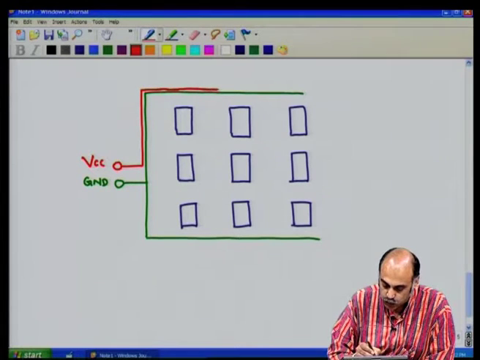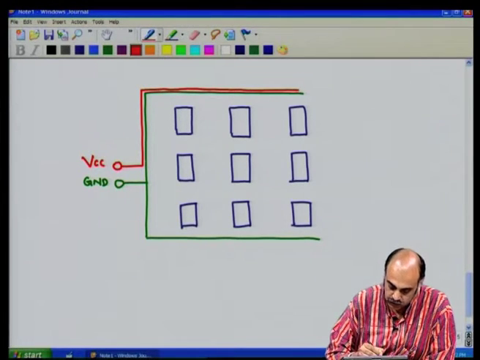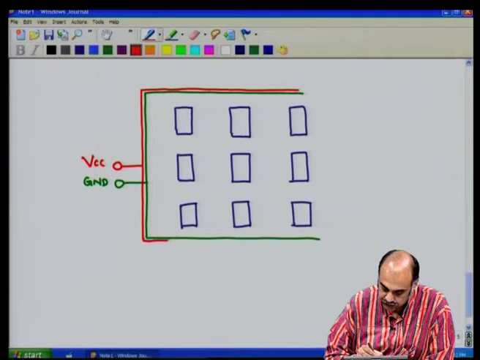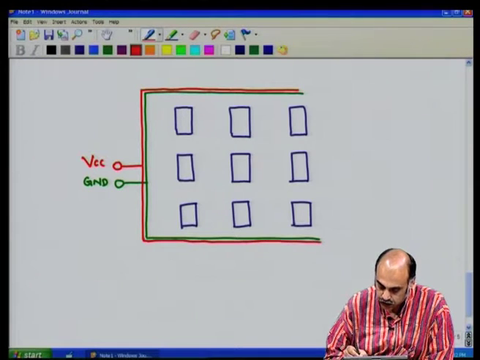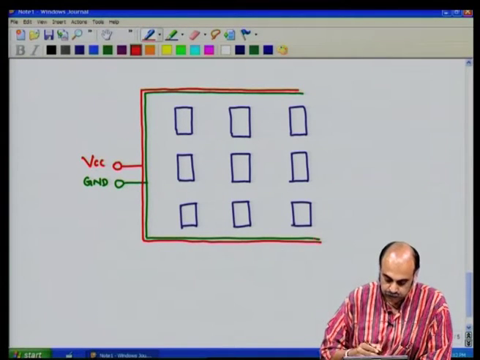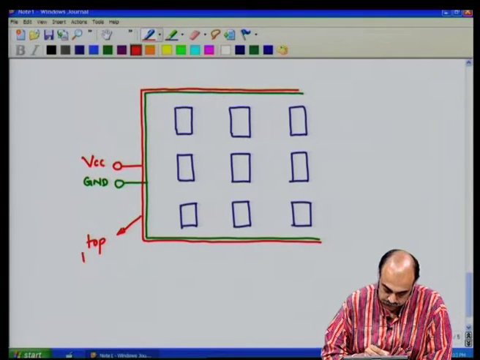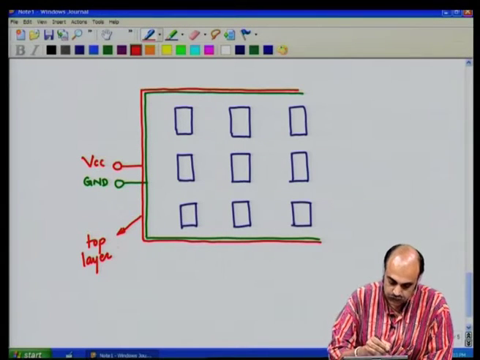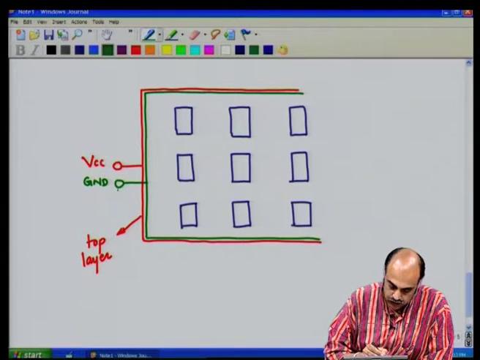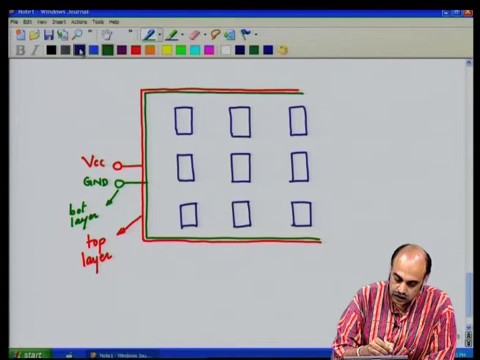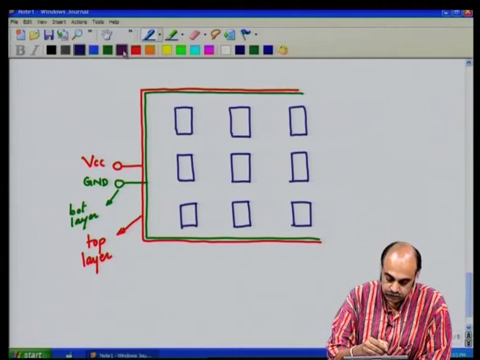I am not able to show overlap here, but what I am trying to indicate is make overlapping on the other layer. If ground is on the bottom layer, the red or the VCC is on the top layer. Ground is on bottom layer. Clear? Okay.